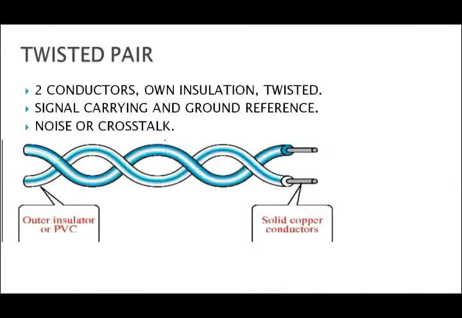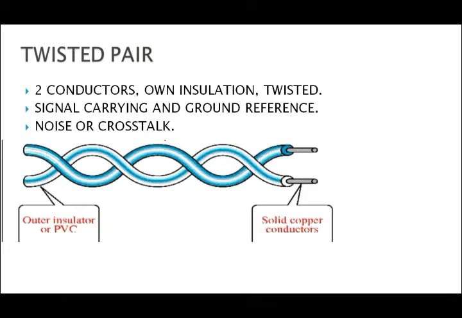Twisted pair. It consists of two conductors which has its own insulation and are twisted. One is used to carry signal and another is used for ground reference. The receiver uses the difference between them.